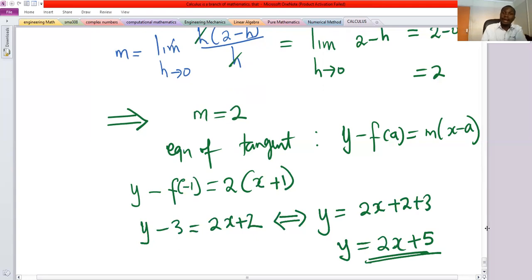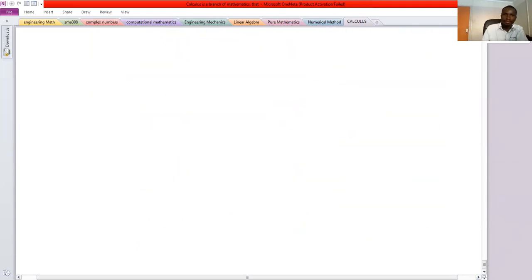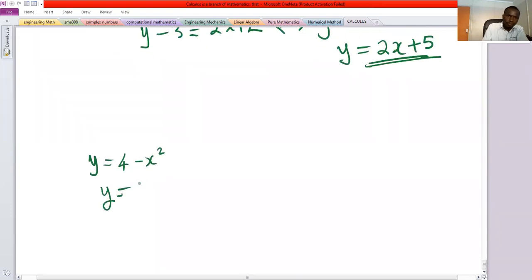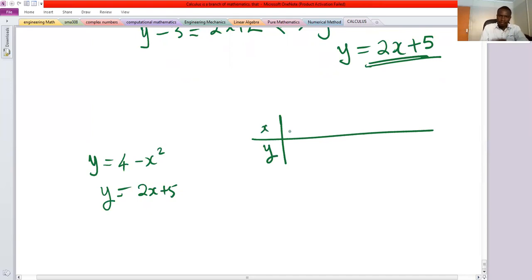Now, the other part was to sketch the graph and then the tangent line. So remember the graph was y equals 4 minus x squared, and we have found the tangent to be y equals 2x plus 5. So let's pick some values for x and y. Say minus 2, minus 1, 0, 1, and 2. So when I put minus 2 here, 4 minus 2 squared is 0.